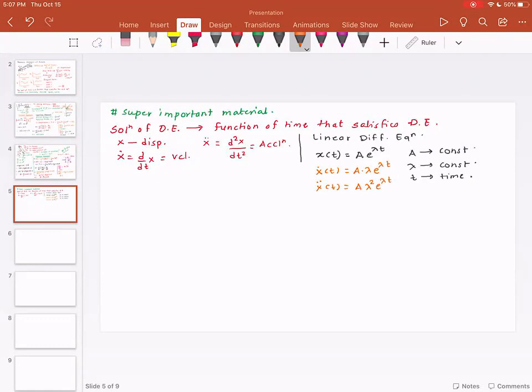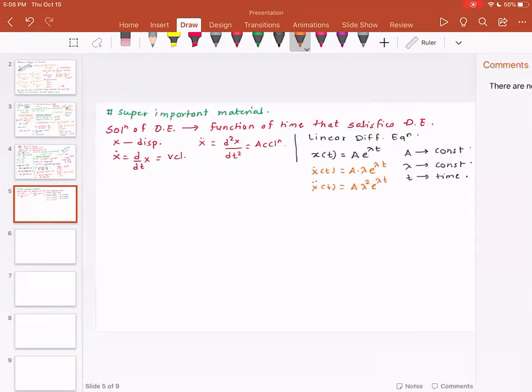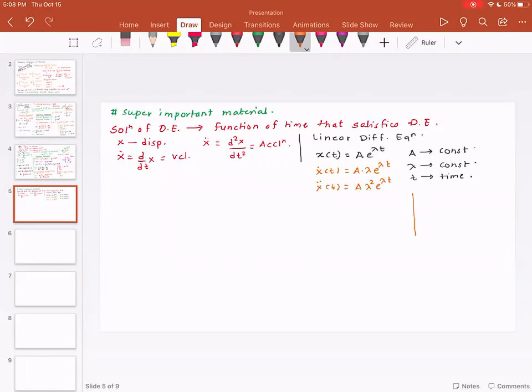Now, something interesting about lambda. Lambda is multiplying time. So I want you to note something like this. I'm going to plot time and e to the lambda t.